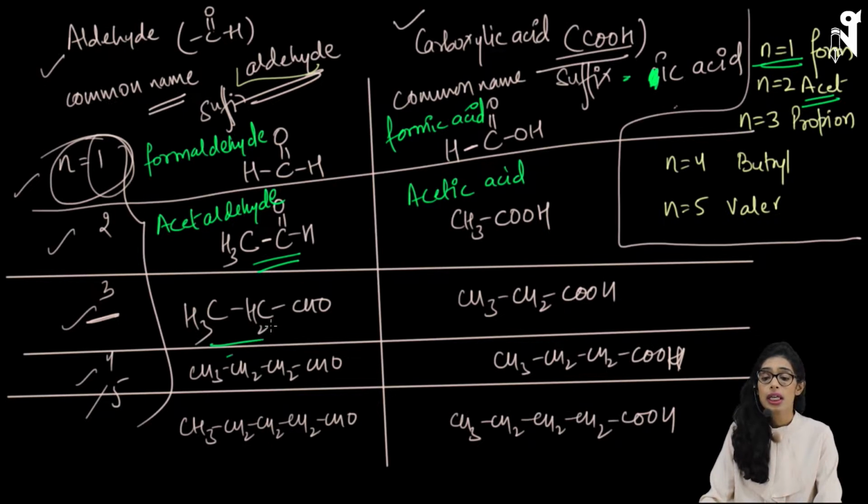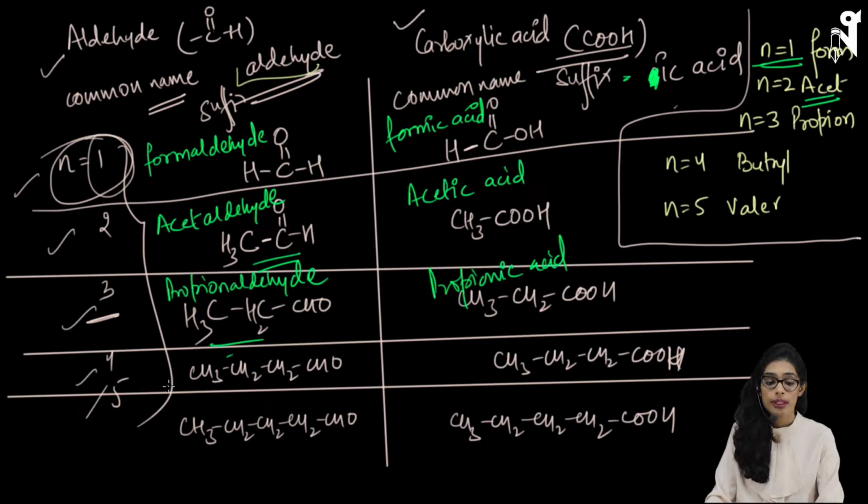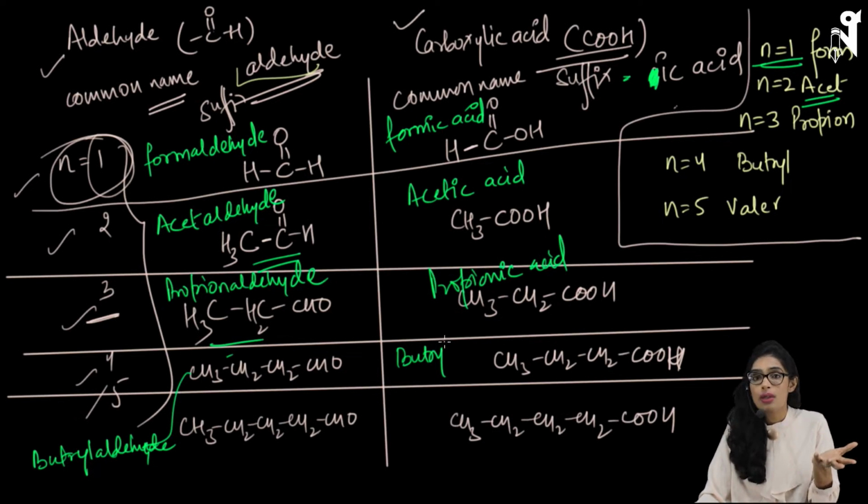So the third one is propion. Propionaldehyde, that will be the name. And this will be propionic acid. Similarly here, in the case of the fourth, it will be butyraldehyde. And this will be butyric acid. So the L we will remove, because it's a common name, many alterations are possible.